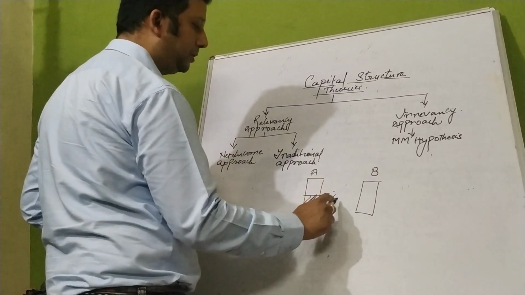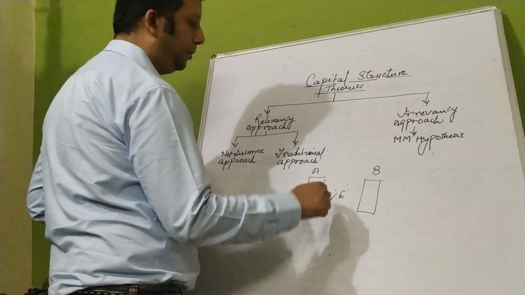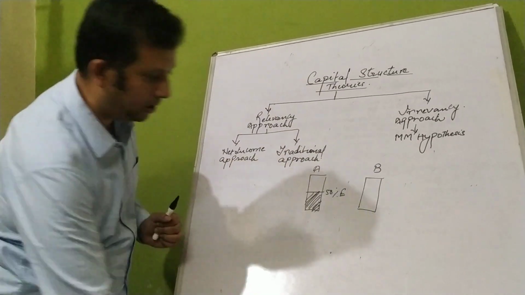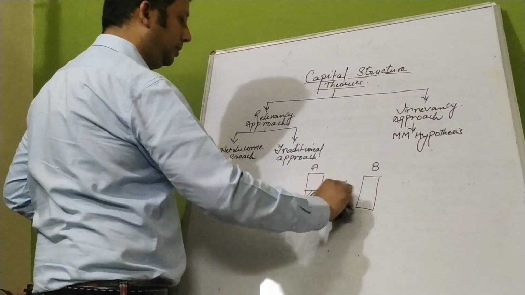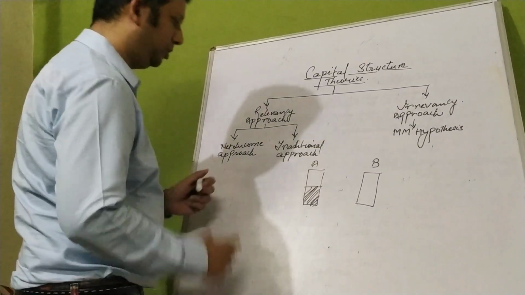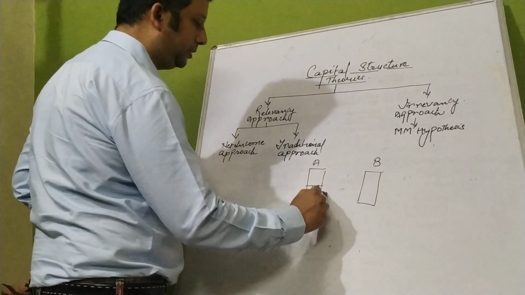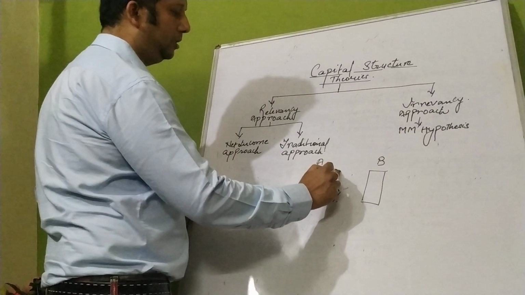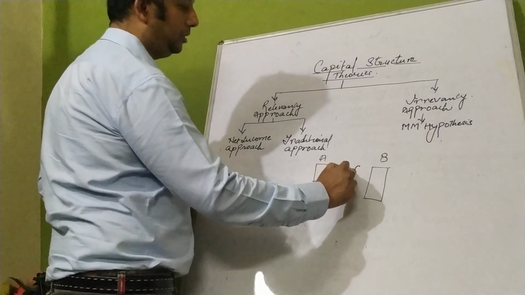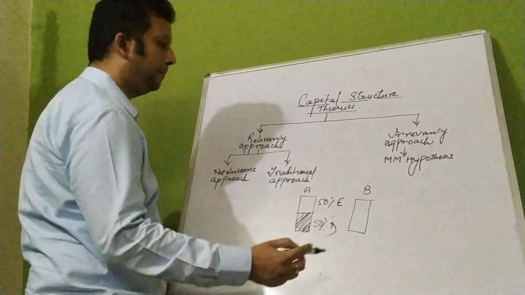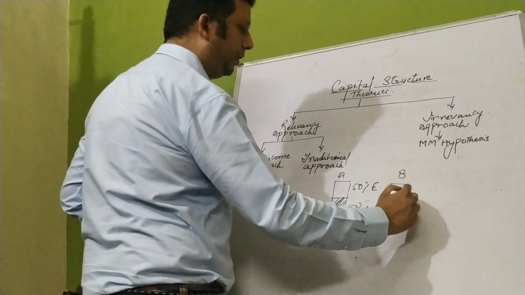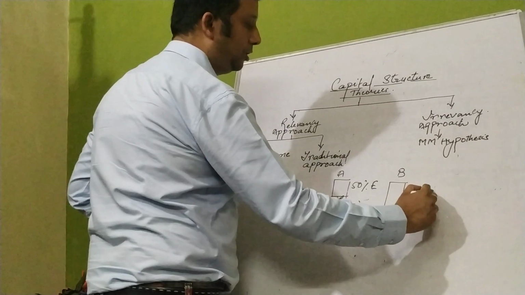So this shaded portion represents the debt, and 50% is the equity. E stands for equity and D stands for debt, whereas in the case of firm B, it is all equity, equity equal to 100%.